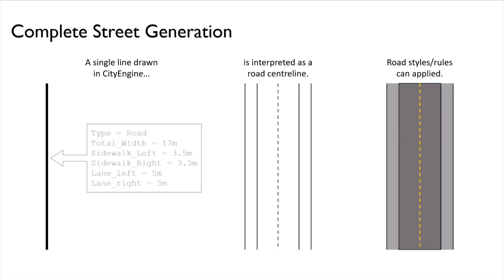When you draw a line in CityEngine, it automatically understands that line to be a road with sidewalks. You can see in the middle diagram that you end up with a center line with a road width and a left and right sidewalk. Then you can apply rules to that road to visualize it appropriately.